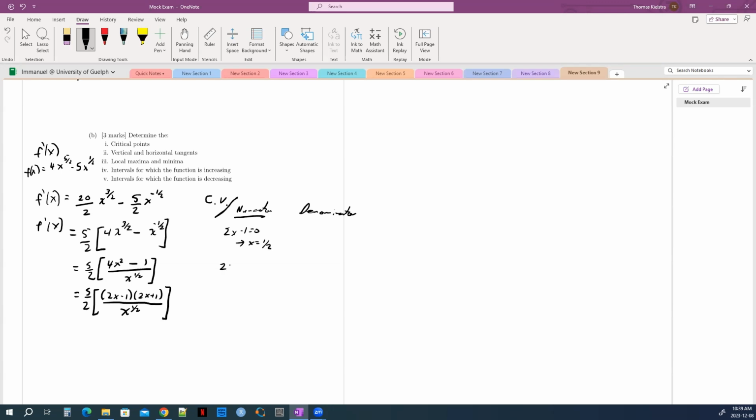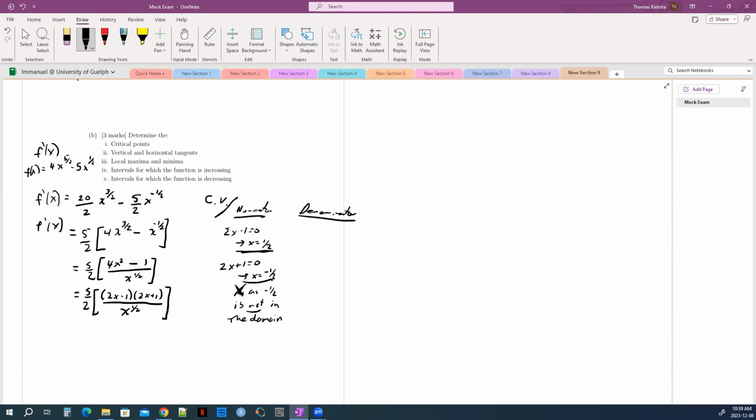And 2x plus 1 equals 0, which implies x equals minus 1 half. But this is not allowed as minus 1 half is not in the domain.